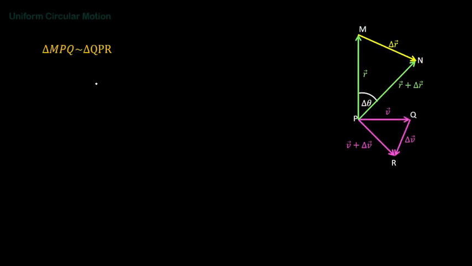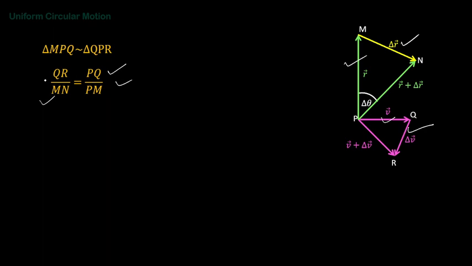So we consider the pair of corresponding sides from the two triangles and their ratio. The side QR divided by the corresponding side MN of the bigger triangle, and the side PQ of the smaller triangle, and the corresponding side PM of the bigger triangle. We take their ratio. Their ratio must be equal.